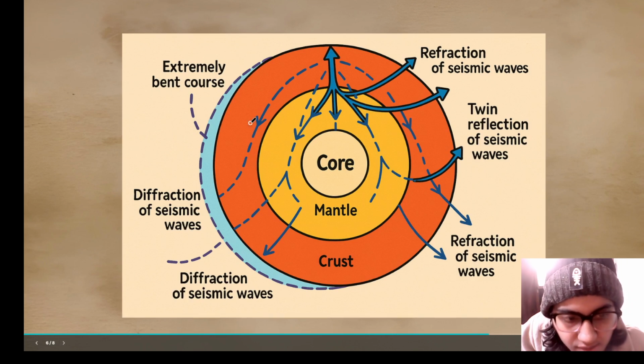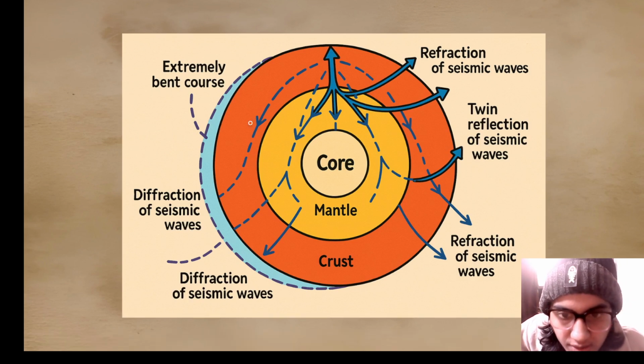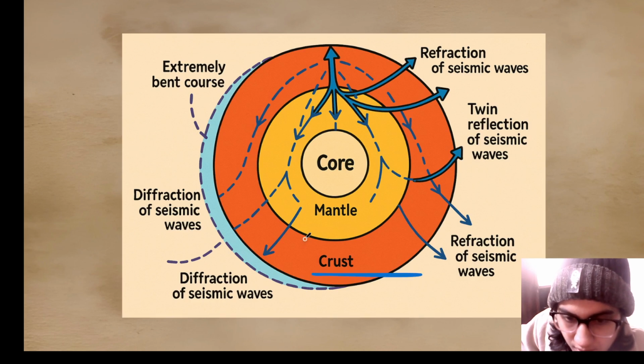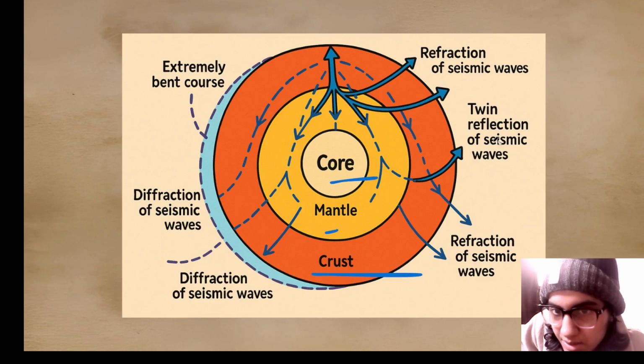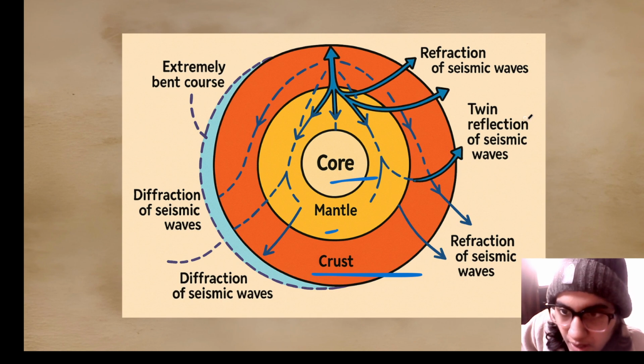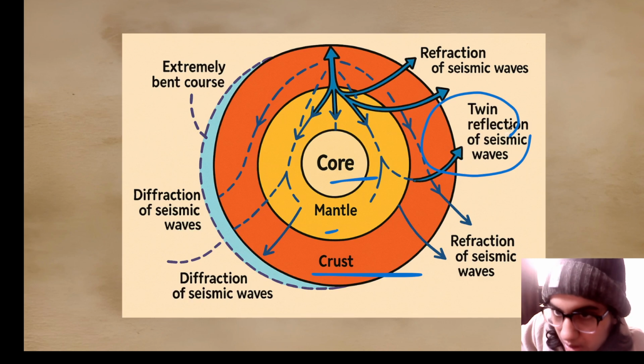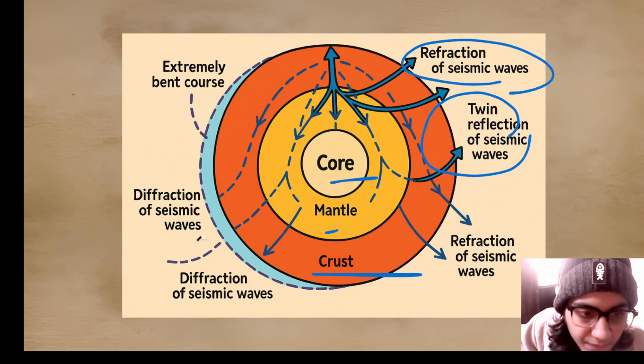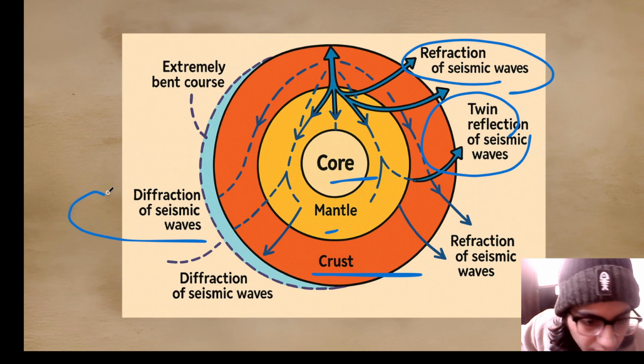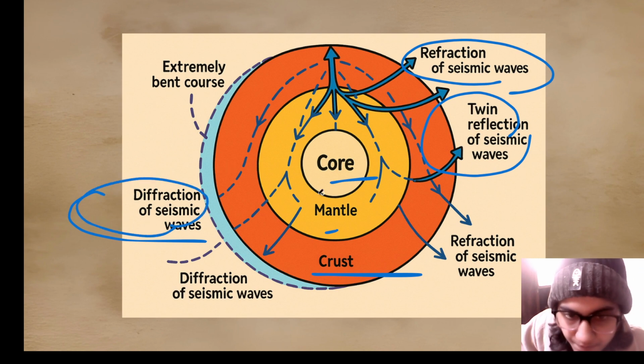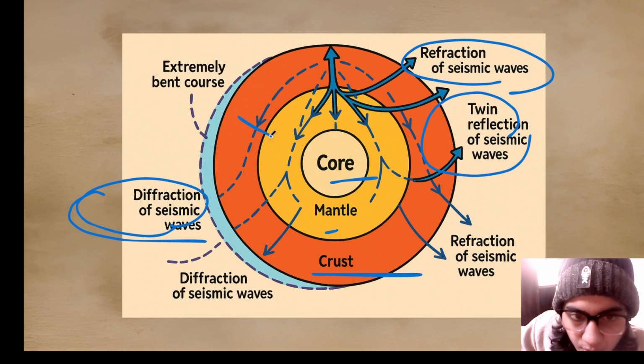So here's the structure of the Earth's internal layers: core, mantle, crust, mantle, core. And these seismic waves perform reflection, refraction, and diffraction. If I simply explain these all, refraction is bending when it moves from one medium to another.